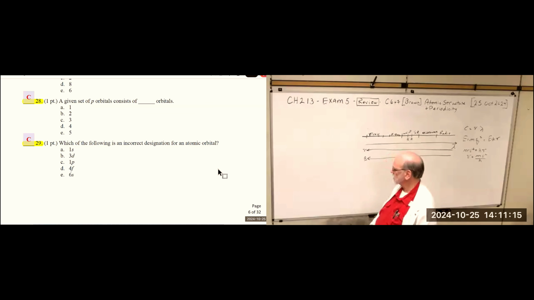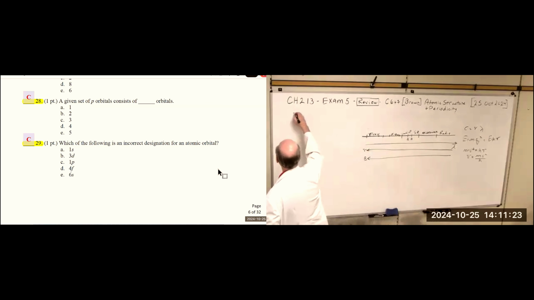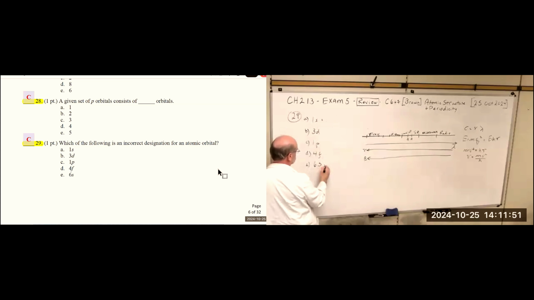Which of the following, I'm on 29, right? Yeah, 29. Which of the following is an incorrect designation of an atomic orbital? So we've got 1s, 3d, 1p, 4f, and 6s. S can occur for any principal quantum number. 1s is good, 6s is good.